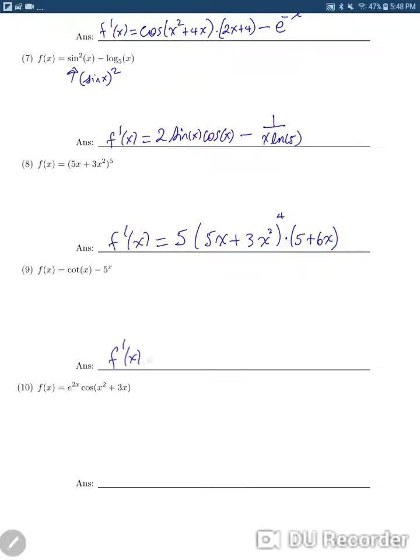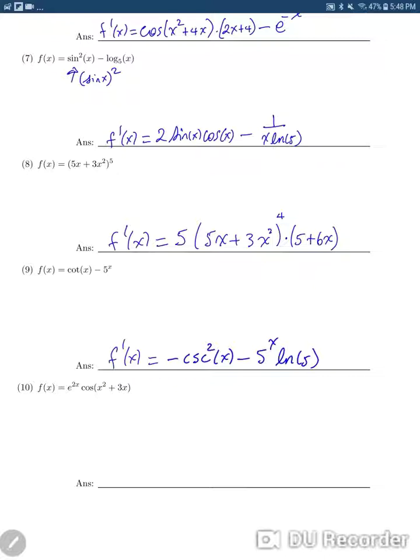Next one is a difference of two basic functions. So we will see if we can differentiate using just basic derivative formulas. The derivative of cotangent of x is negative cosecant squared of x. The derivative of 5 to the x is 5 to the x times ln of 5. Just to point out, log of x base 5, the derivative is 1 over x times natural log of 5.